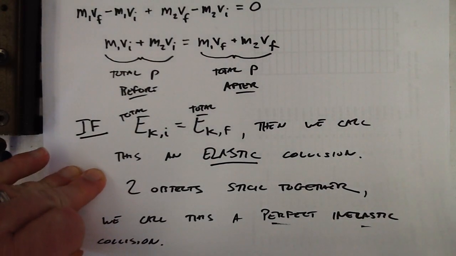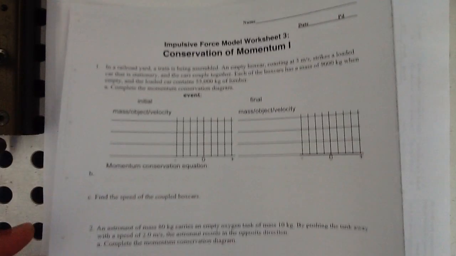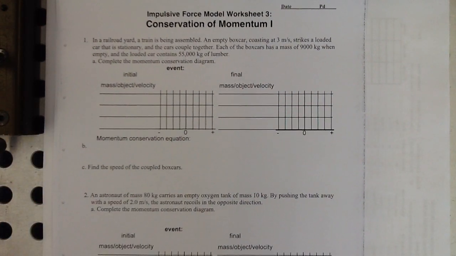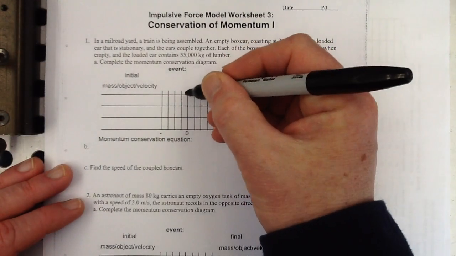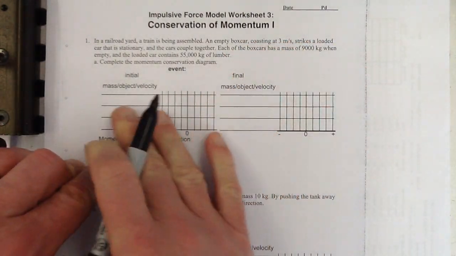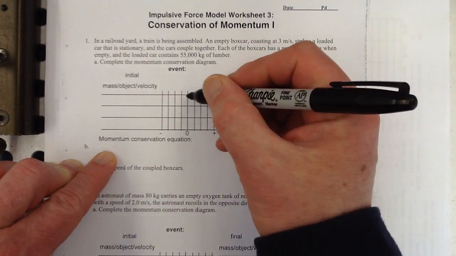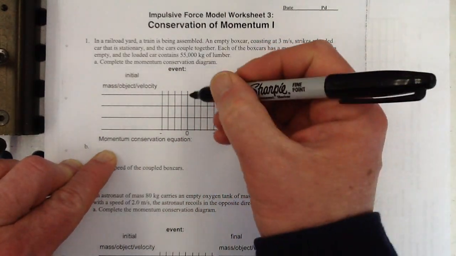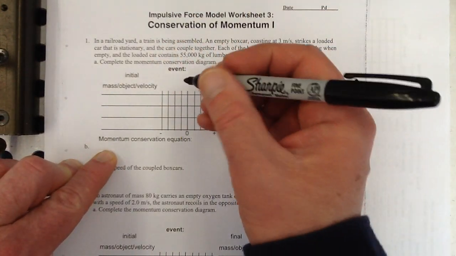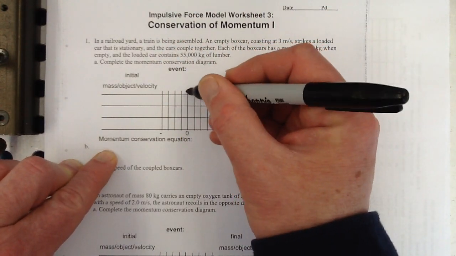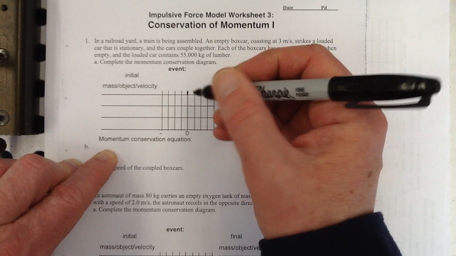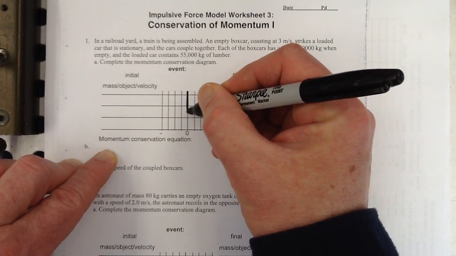I'm going to show you, kind of like our LOL diagrams, we're going to make these little diagrams here where we keep track of, again, this is just like an accounting device to help us keep track of what's going on. And I'll show you when I do this worksheet in a minute, and I think probably we'll do an example in class.